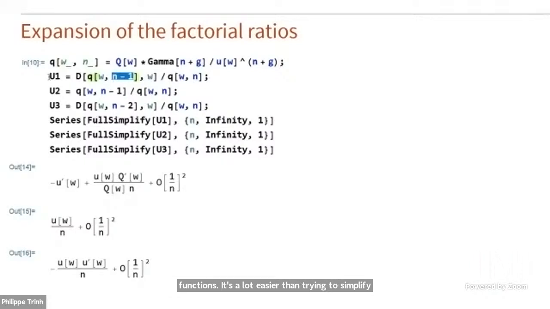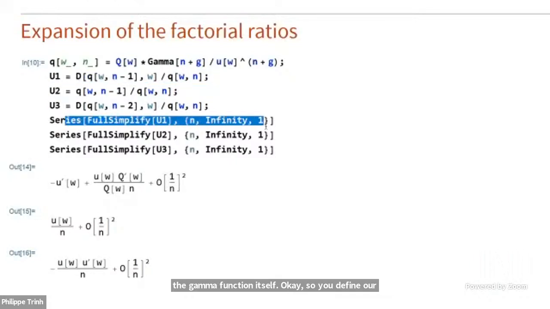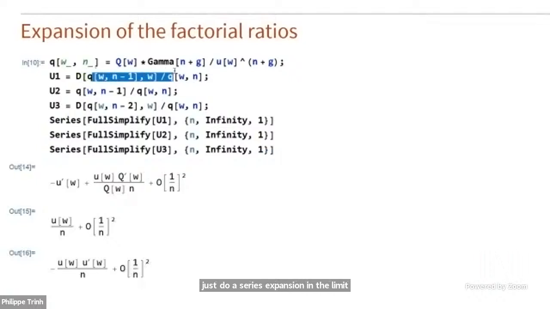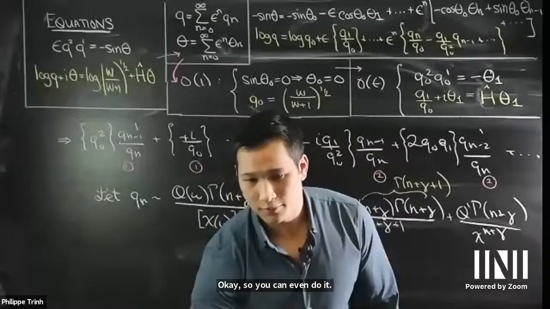Okay, so you define our 3 ratios that we showed on the board, and then you just do a series expansion in the limit that n tends to infinity. So the very first ratio, as we expected, is order 1, and then the other terms will be order 1 over n and order 1 over n. Okay, so you can even do it pretty easily with Mathematica once you've identified which terms are relevant.